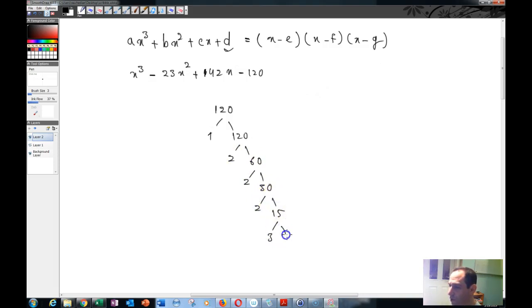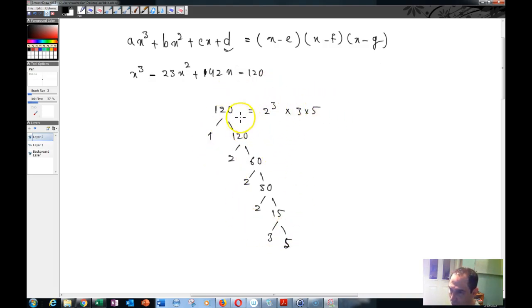And that would be 3 times 5. So this is basically the prime factorization of 120. And now, of course, you can write it as, for example, 2 cubed times 3 times 5. That's the prime factorization of 120.